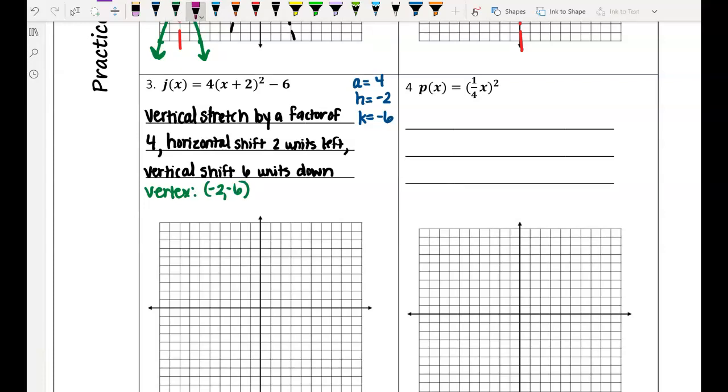What is my axis of symmetry here? x equals negative 2. And does this open upward or downward? a is positive, so it opens upward.